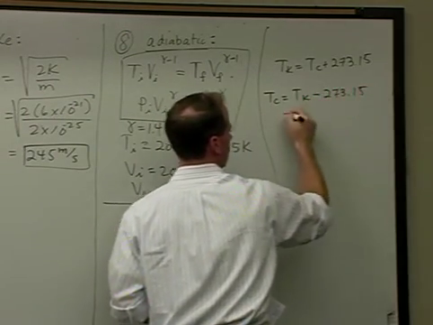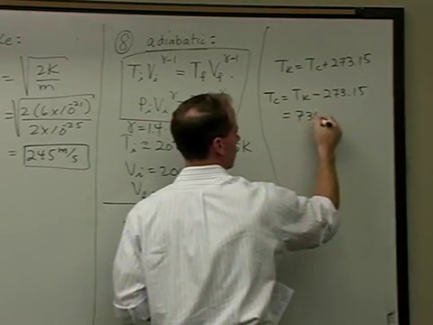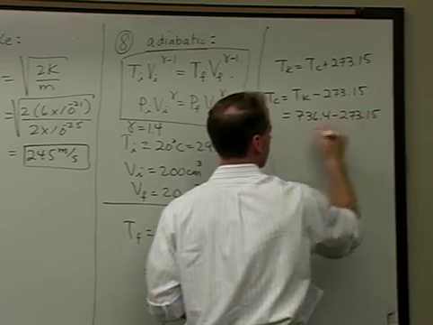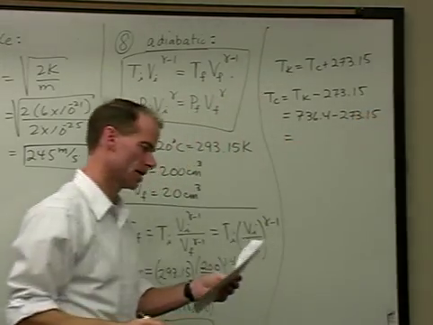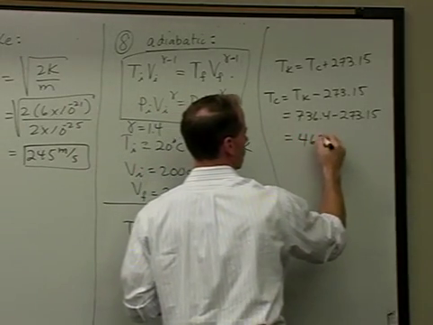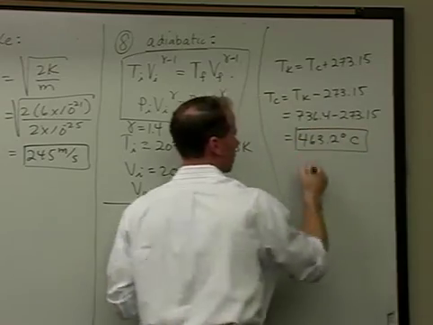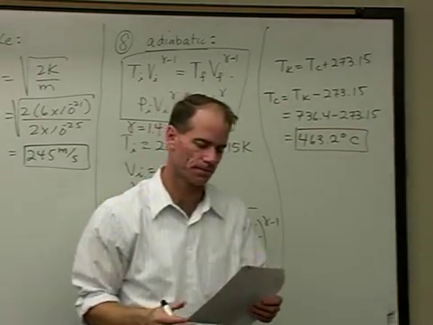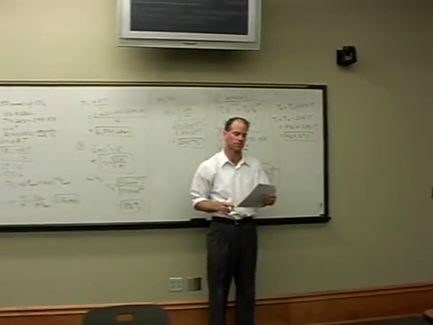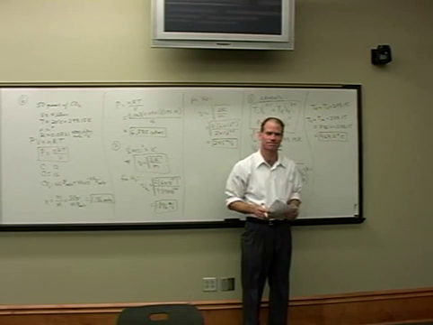So this will be 736.4 minus 273.15, which gives us 463.2. So that is the final temperature in Celsius after this compression, and that allows the gasoline to ignite and we get our power.